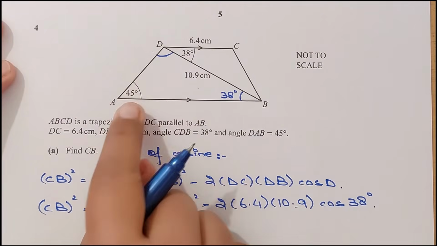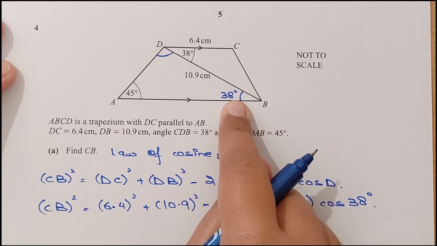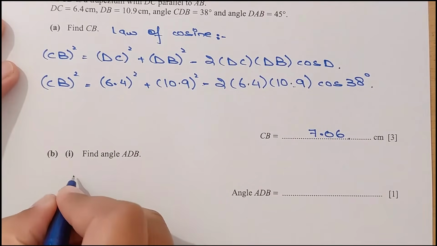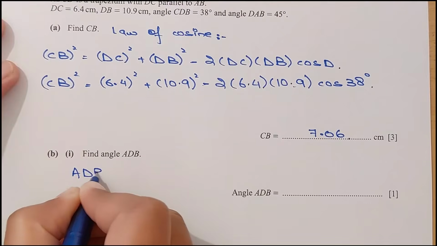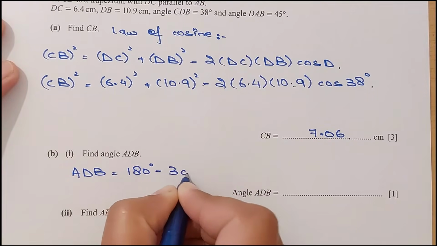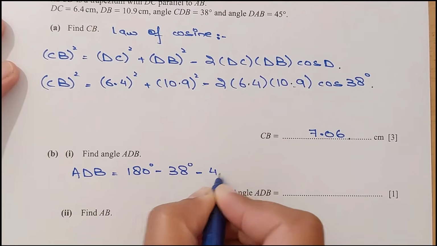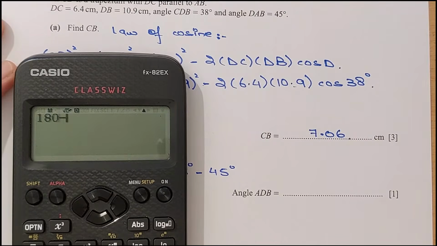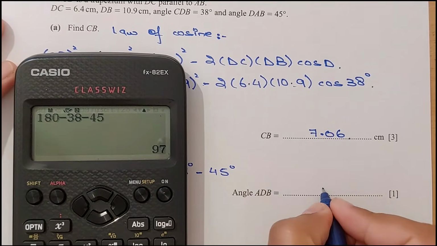So ADB is equal to 180, subtract angle B which is 38, subtract angle A which is 45, right? 180 minus 38 minus 45, this is 97 degrees.